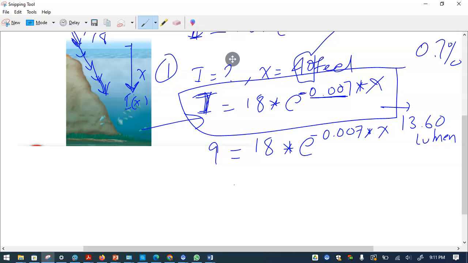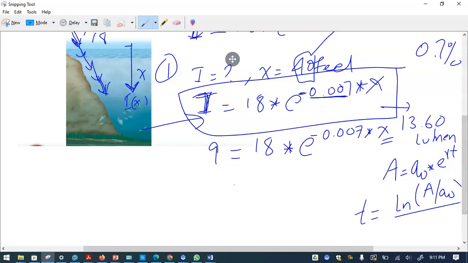As I said, you can use my shortcut formula. I would like to use directly this one, e raised to rt. You want to know what this x is. Let's say you want to find t. Just put ln of a over a naught and divide by that r. The r in this example is minus this.